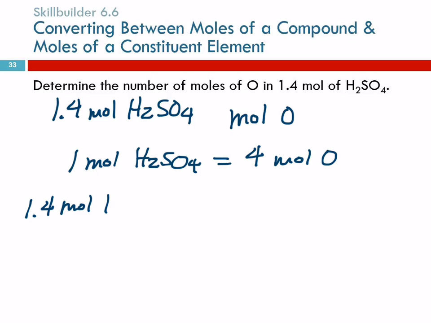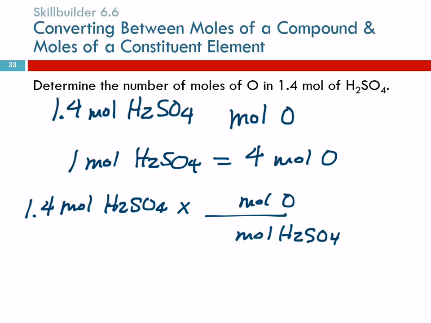moles of H2SO4, and we get the units in place. We want moles of oxygen on top and moles of H2SO4 on the bottom. And then the relationship is 1 of these to 4 of those, 1 H2SO4 to 4 moles of oxygen.